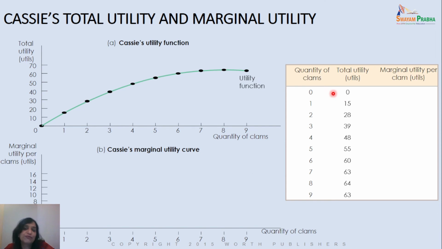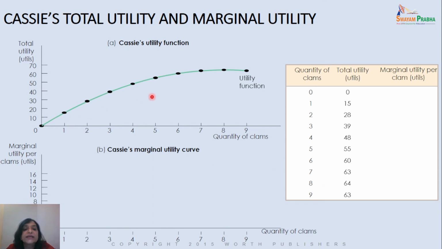So 0 units of course means 0 utility. 1 clam, total utility is 15. 2 units, 28, 3 units, 39. So you see that your total utility is changing as the quantity of clams is increasing.